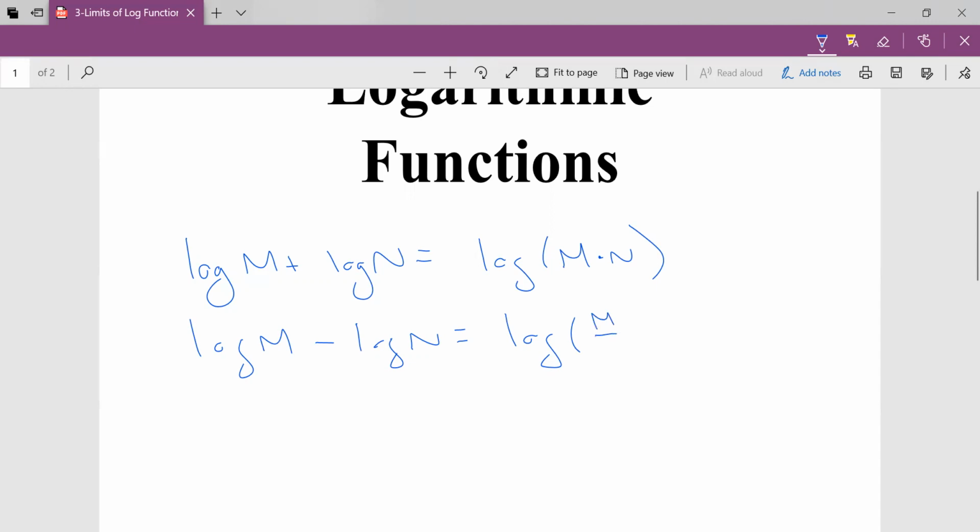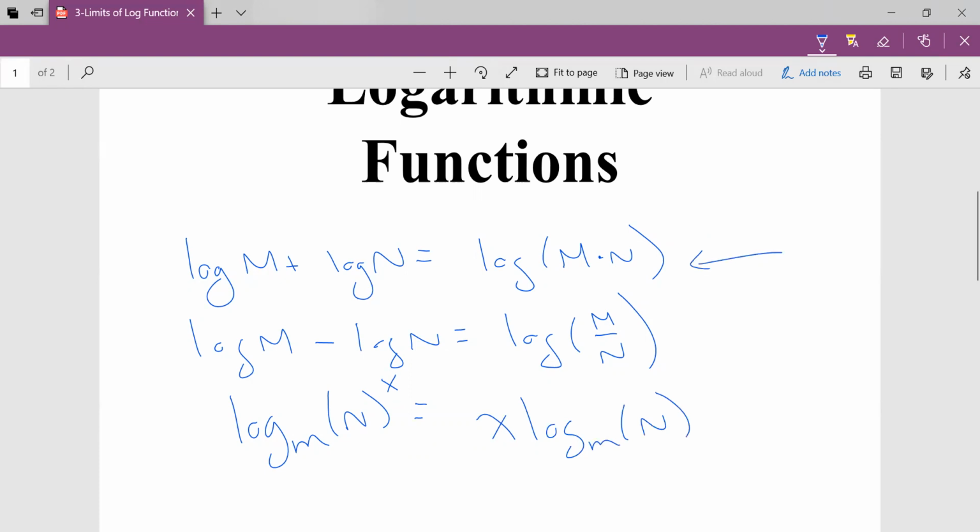But these were your major log laws when you first learned them, right? And it's not a bad thing to remember them a little bit, okay? But there they were. We'll come back and revisit this log law closer to the end of the unit, all right?